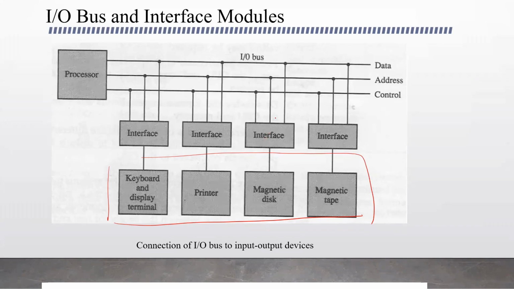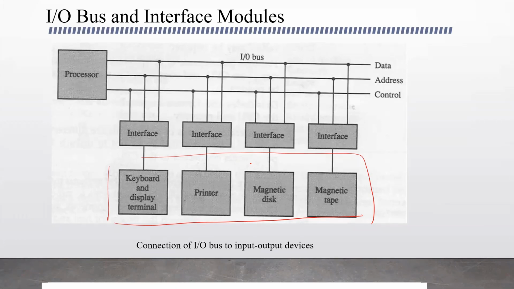Every peripheral is connected through an interface. If the address is identified as the address of the device that it is connected to, then the interface activates the path between the CPU and that particular device, and disables all the other paths between the processor and all the other devices. So this is the identification of the address. The interface decodes it and finds the address.